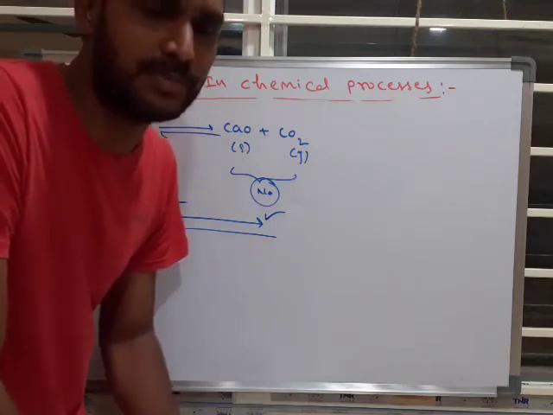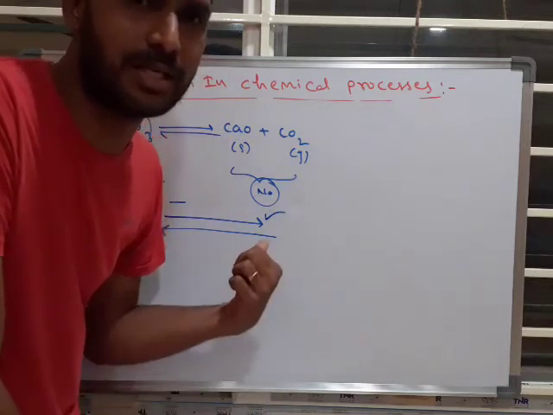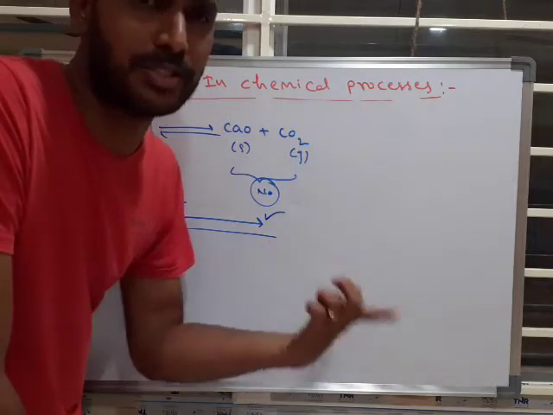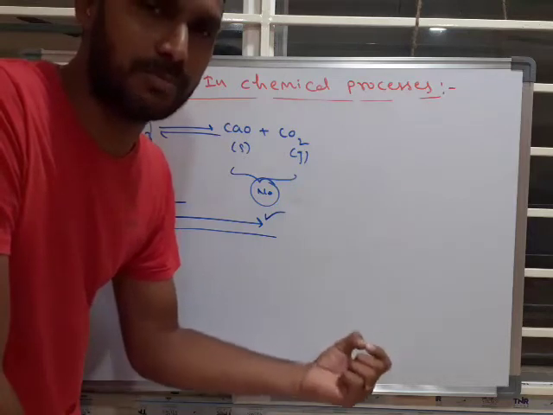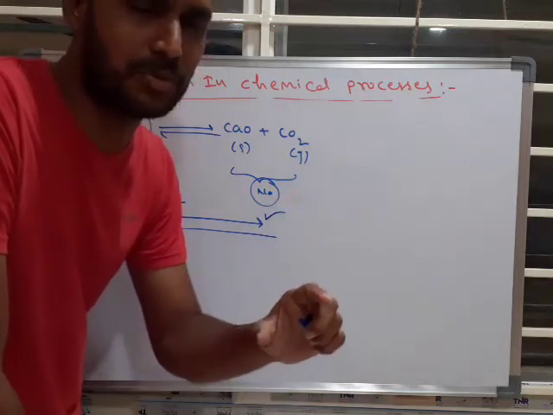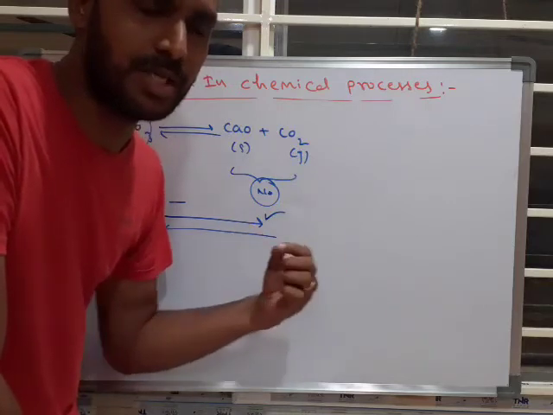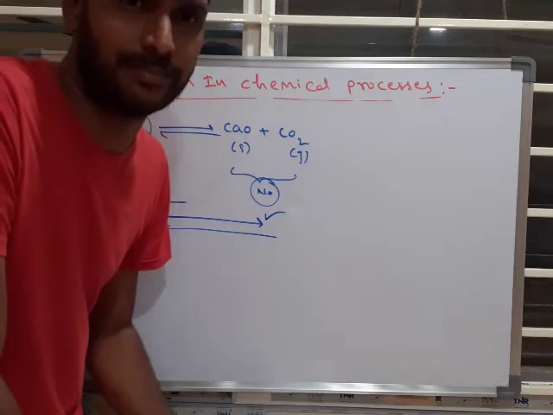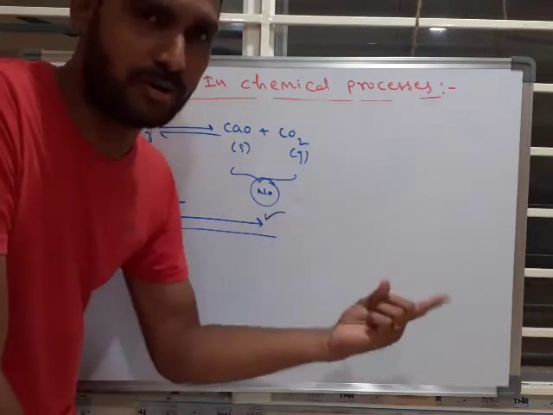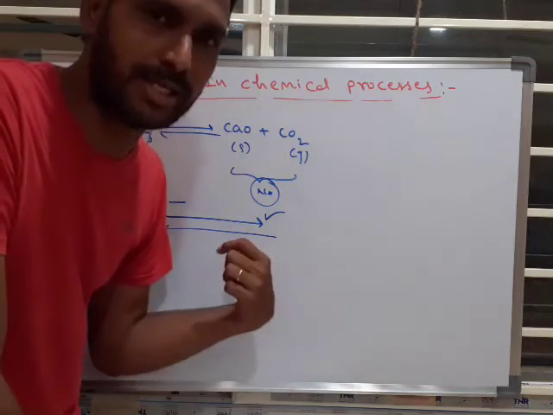Equilibrium is formed after some time of the reaction, because at 0 time there are reactants and no products. After a considerable amount of products form, the backward reaction starts. As soon as the backward reaction forms, does equilibrium form? Again it is not like that. Initially only the forward reaction occurs, and after a considerable amount the backward reaction starts.